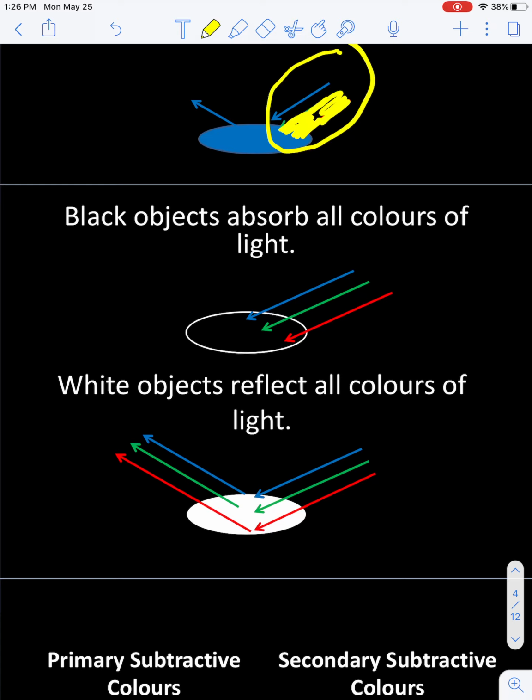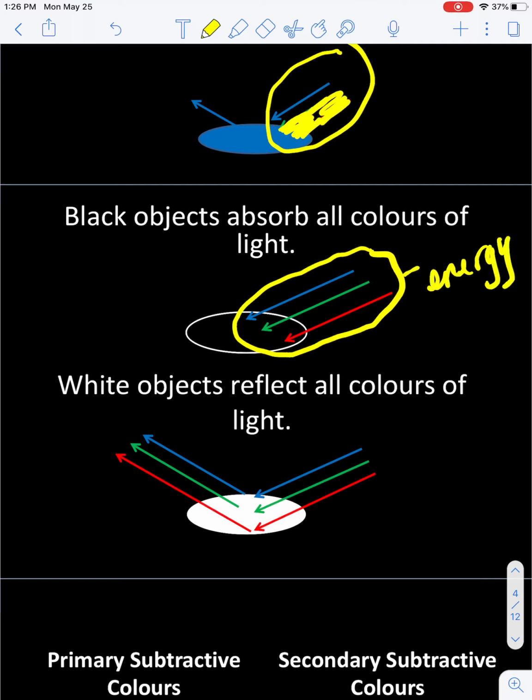And the reason is when the white light hits your black shirt, and remember, light is energy. So we have white light made up of green and blue and red light, or green and blue and red energy, the wavelengths of them is the actual energy.